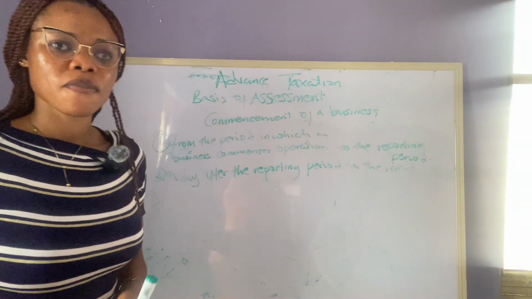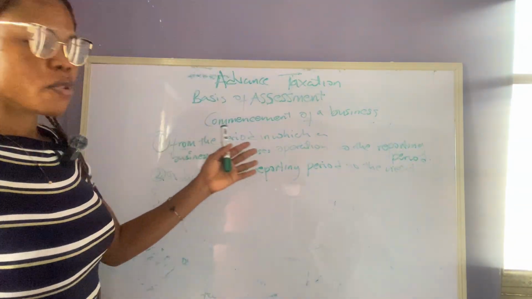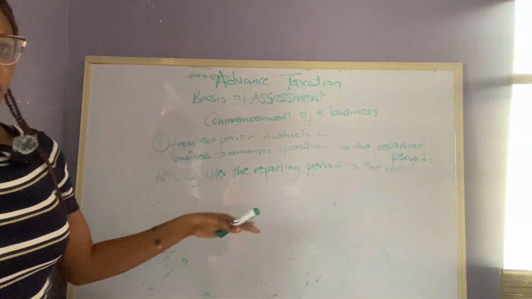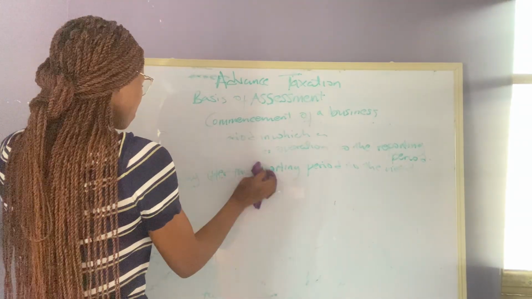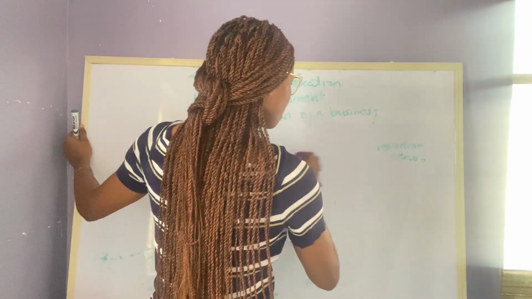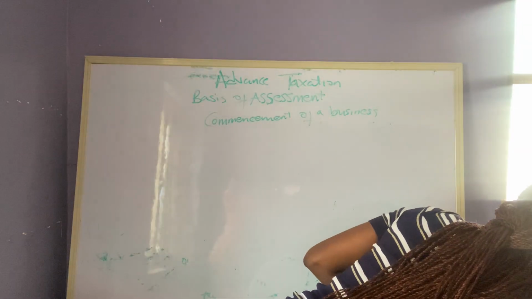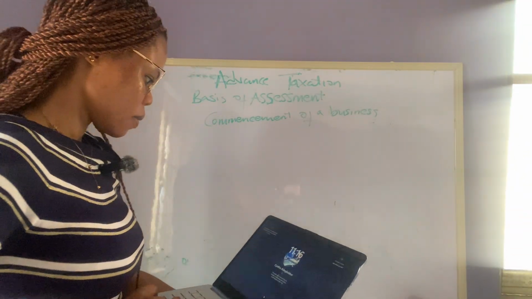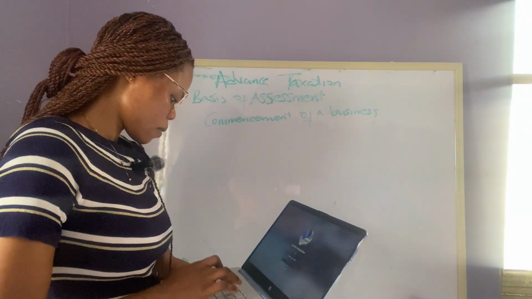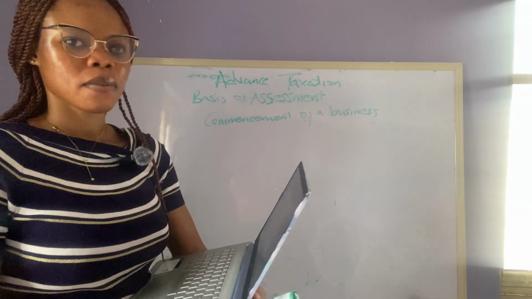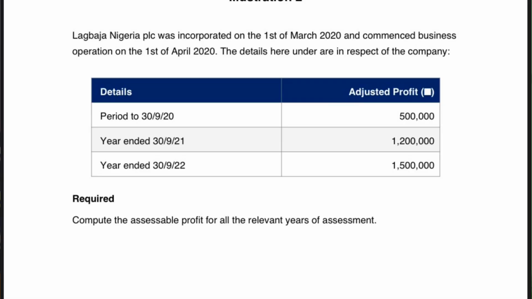So now we're going to solve a question so that it will demonstrate what the Finance Act said. We have a question: Lagbaja Nigeria PLC was incorporated on the 1st of March 2020.